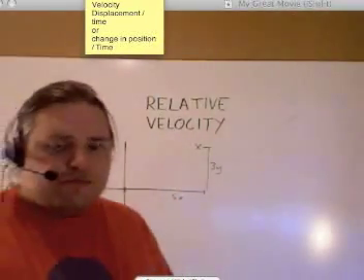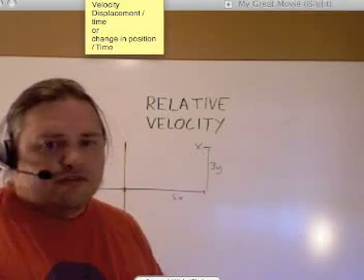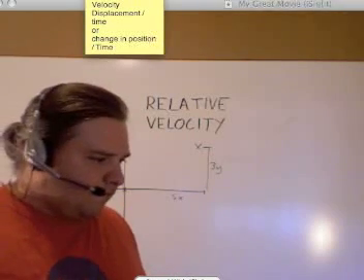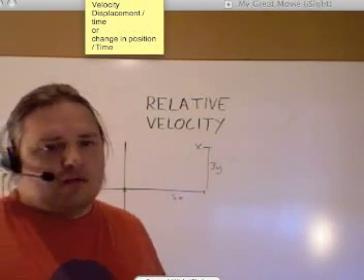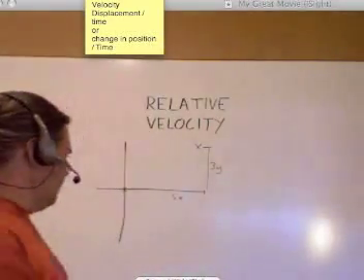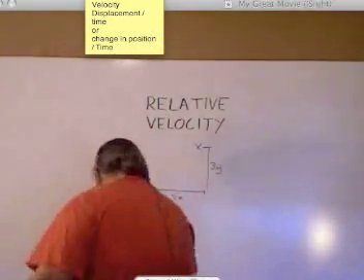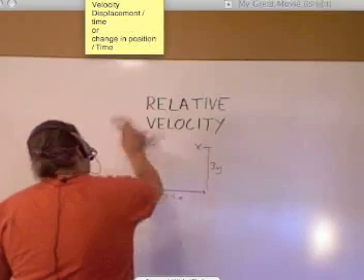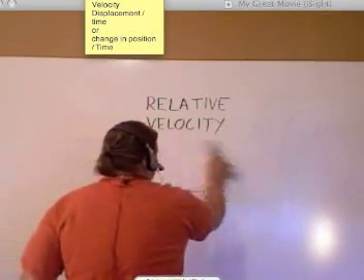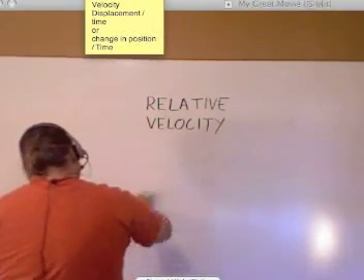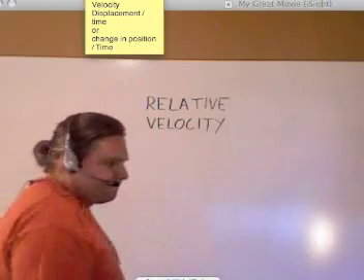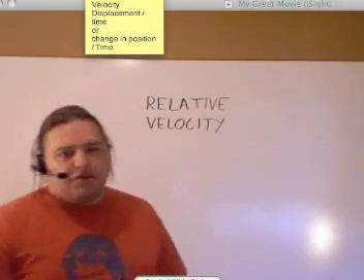Now velocity is something similar. When we refer to velocity, we should also be talking about it with respect to other objects. It is possible to think of yourself as being stationary inside of a moving vehicle. Let me put it this way.